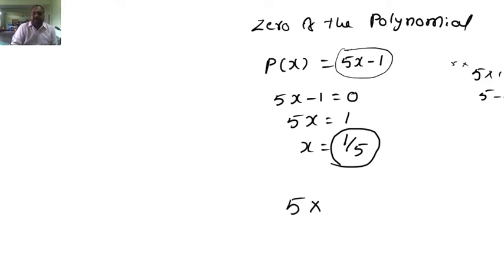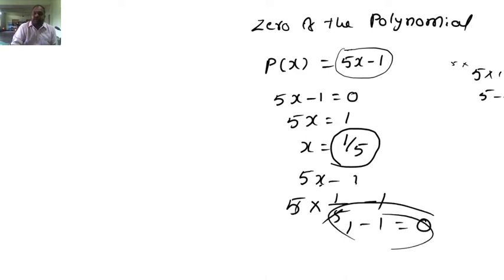Let's do it. 5 into 1 by 5 minus 1. 5 cancels, 1 minus 1 is equal to 0. So only when x is 1 by 5 will the polynomial become 0. So it is the zero of this polynomial.